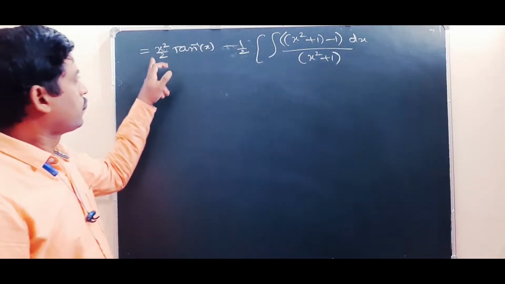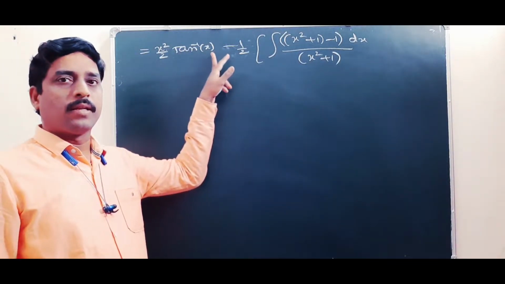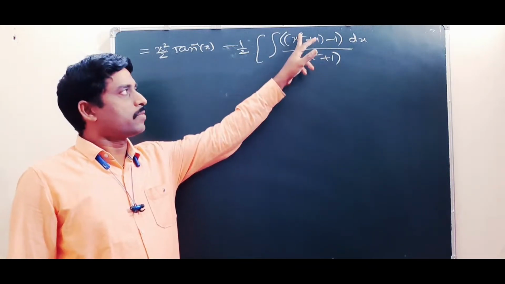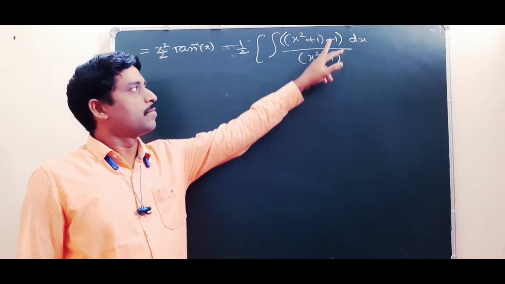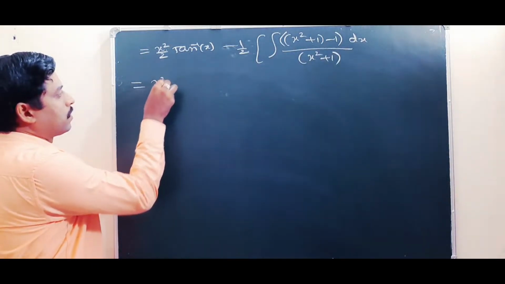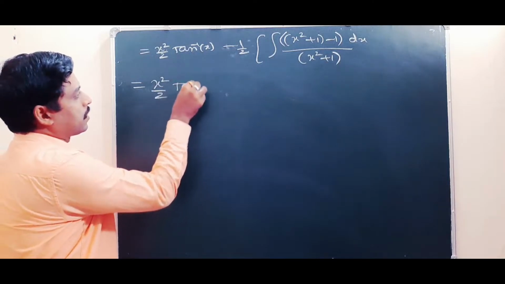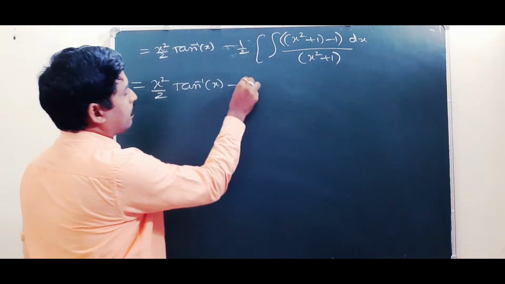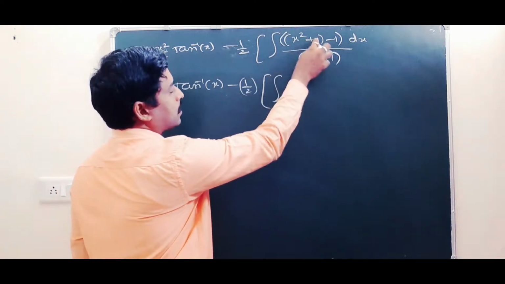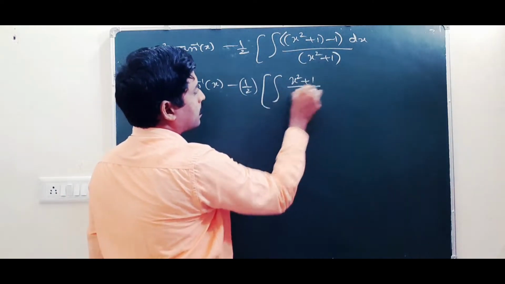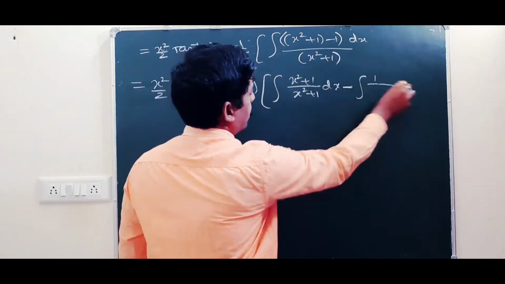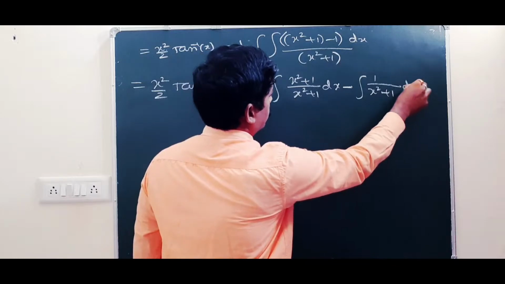We have got x square by 2 tan inverse x minus 1 by 2 times of, this is nothing but x square plus 1 by x square plus 1 minus 1 by x square plus 1. So what we get? x square by 2 tan inverse x minus 1 by 2 times of integral x square plus 1 by x square plus 1 dx minus 1 by x square plus 1 dx.